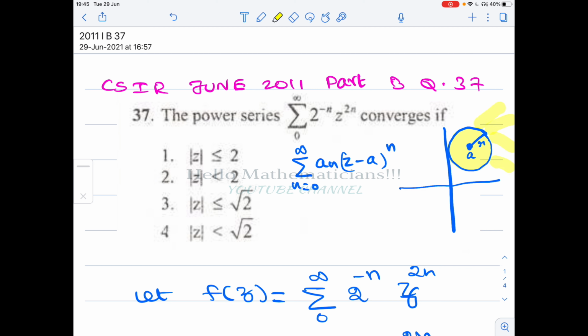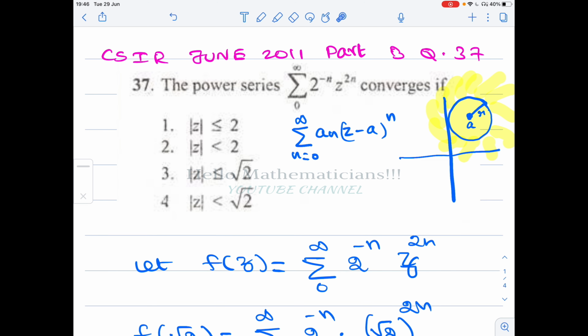Outside this circle, the power series is always divergent. On the circle, sometimes it converges, sometimes it diverges; we can't say anything usually on the circle. The radius of this largest circle, such that inside converges and outside diverges, is what we call the radius of convergence.